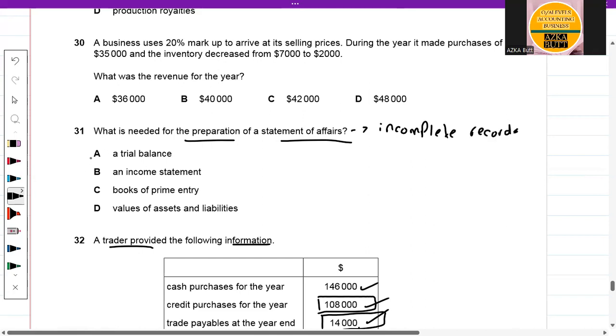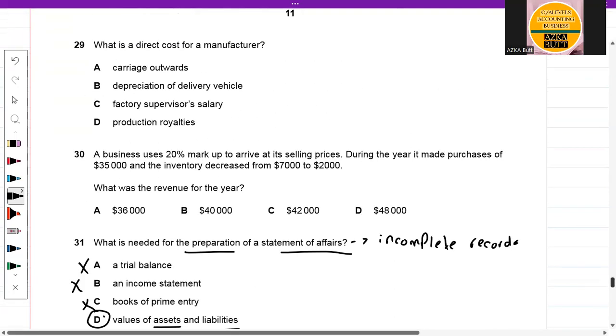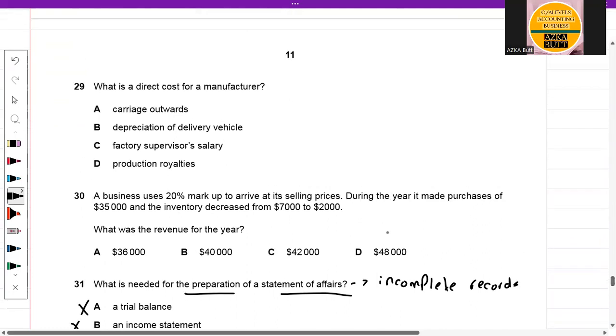So of course, they don't need the trial balance because they are not preparing one, nor the income statement, nor the books of entry, because they are not recording their transactions like other businesses. They only need the value of assets and liabilities. So D option is the right option.